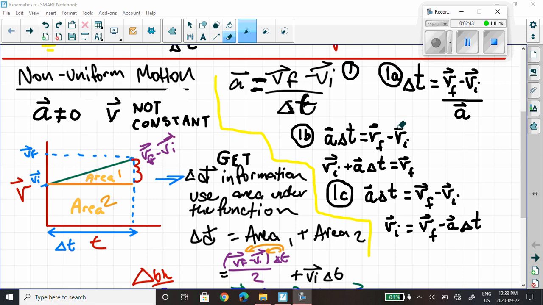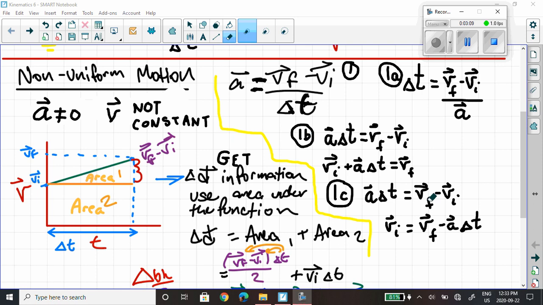Then we take this negative velocity initial and bring it over to the other side, and we're left with velocity final is equal to velocity initial plus acceleration multiplied by time. This is yet another version of equation 1. This is version 1b.